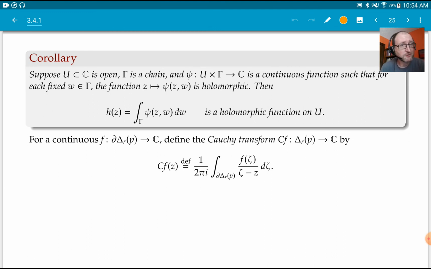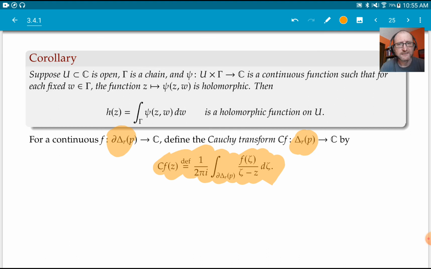So for example, we can define the Cauchy transform as something taking boundary values into a function defined inside. Here we're doing it on a disk, so we have a disk and the boundary of the disk. If I have a continuous function on the boundary, then we have the Cauchy transform, which is just this thing. It's a function of z on the disk.